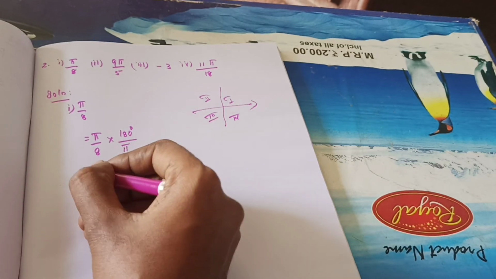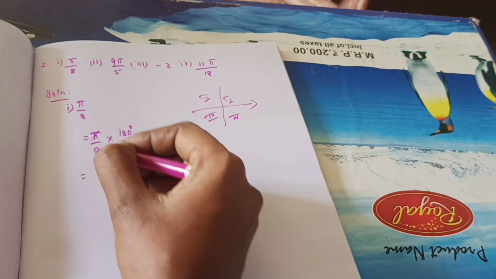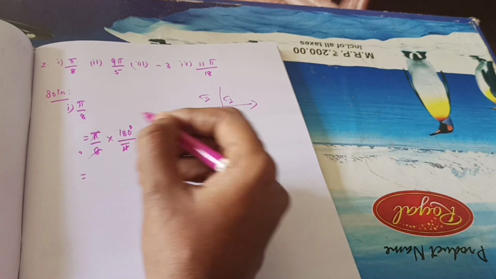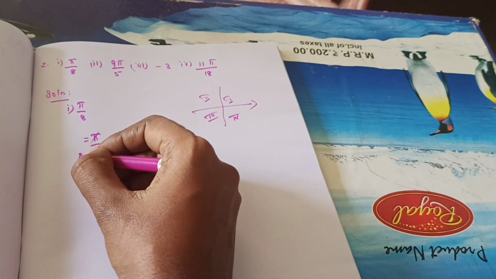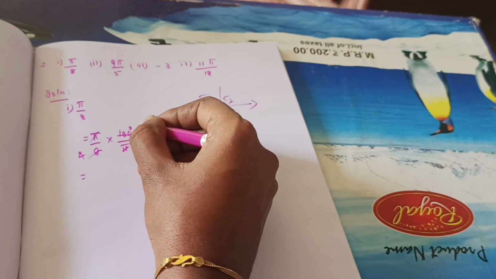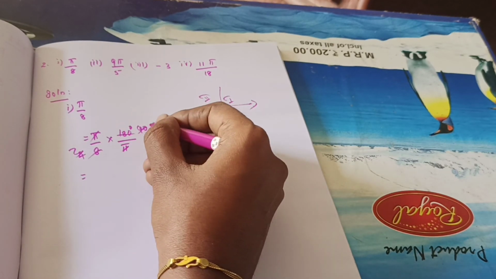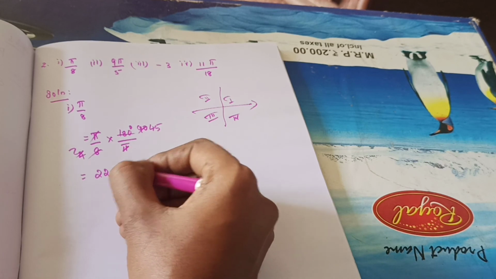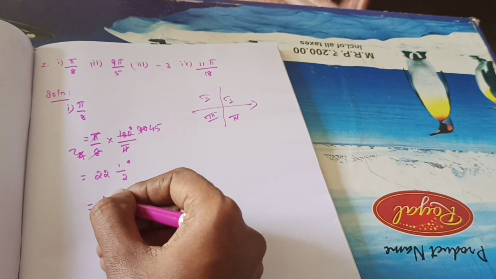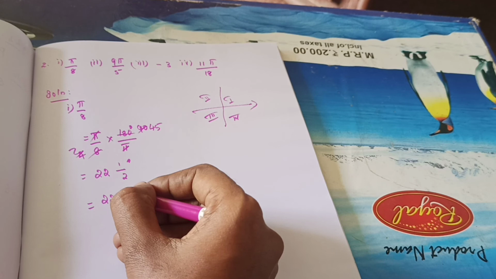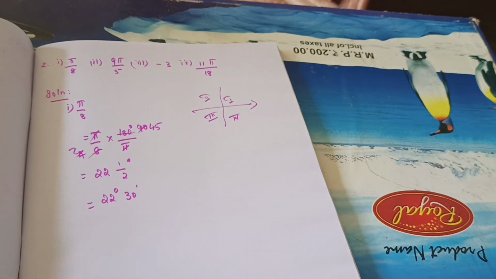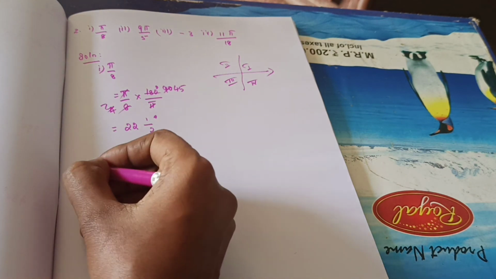Pi gets cancelled. Again this one is 2, fourth second we can give this one as 4. This one is 90, again 2. This is 45, 45 by 2. So you will get 22 and a half degree. 22 and a half degree means how many minutes? 30. So it is 22 degree 30 minutes.